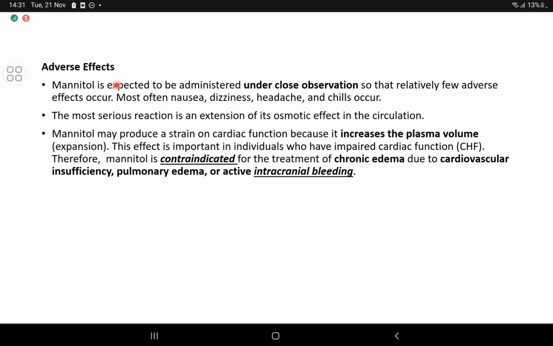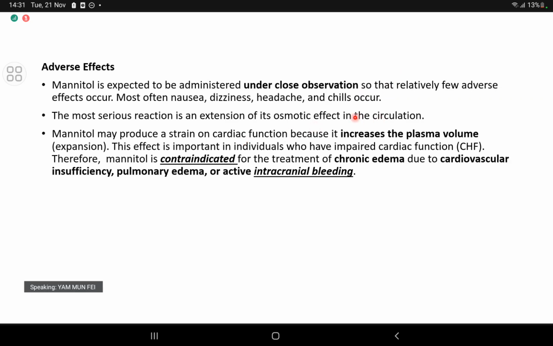The adverse effects are quite clear: nausea, dizziness, headache, and chills. These are common side effects of the drug. So when you give mannitol to the patient, the patient should be under close observation because of the side effects. Clear.